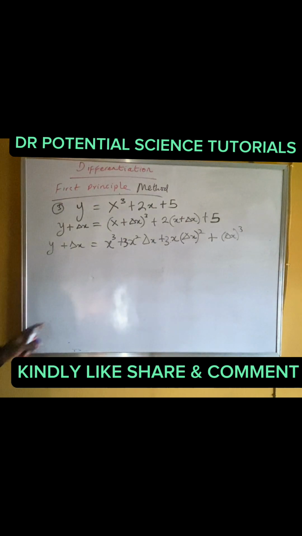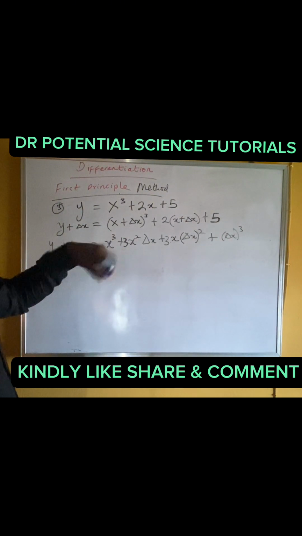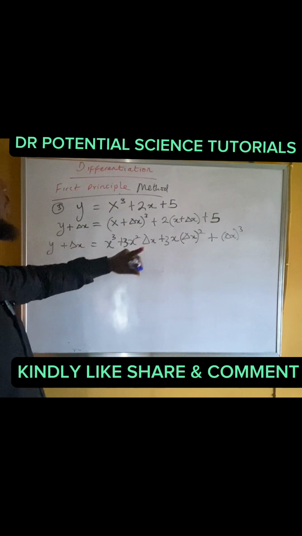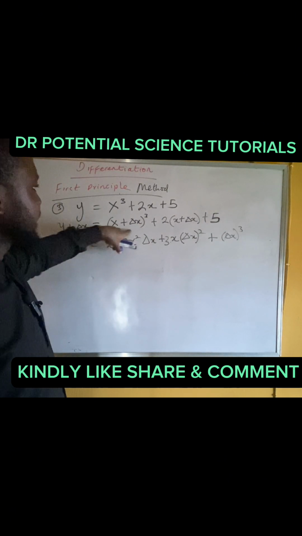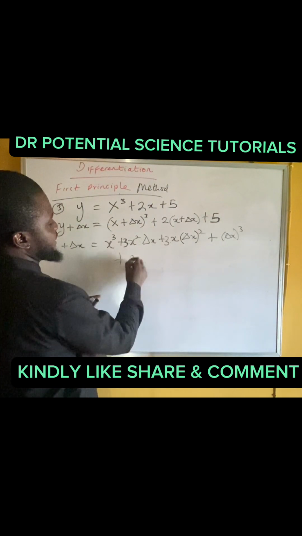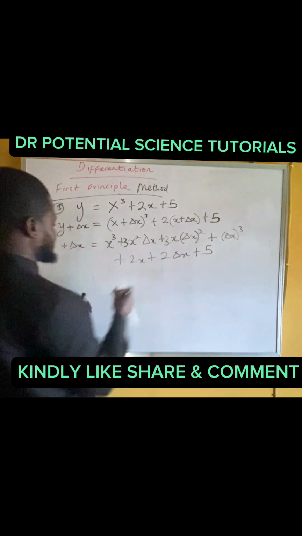This will be 3, okay, from the binomial rule. You need to quickly revise your binomial theorem if you've forgotten this. That's another subtopic on its own, under binomial expansion, or Pascal. You can even use Pascal's triangle. So if you expand this, you have this, then plus 2 times x, 2 times delta x, 2 delta x, and plus 5.